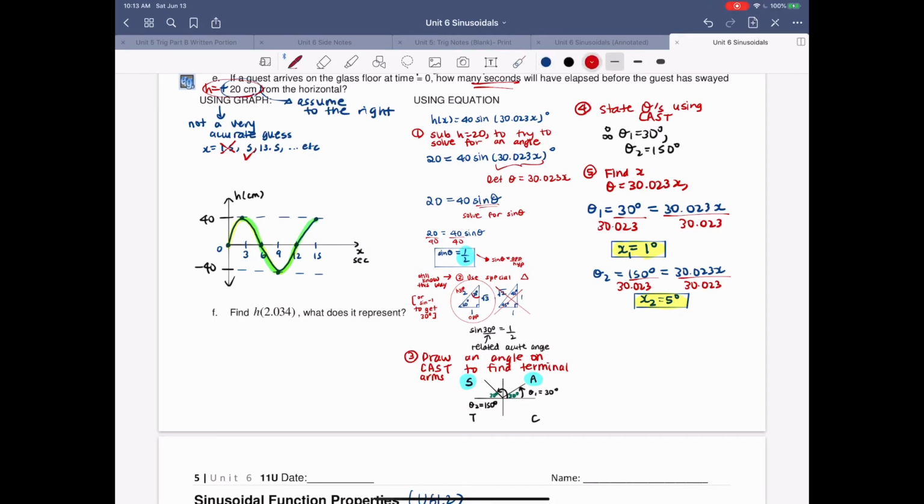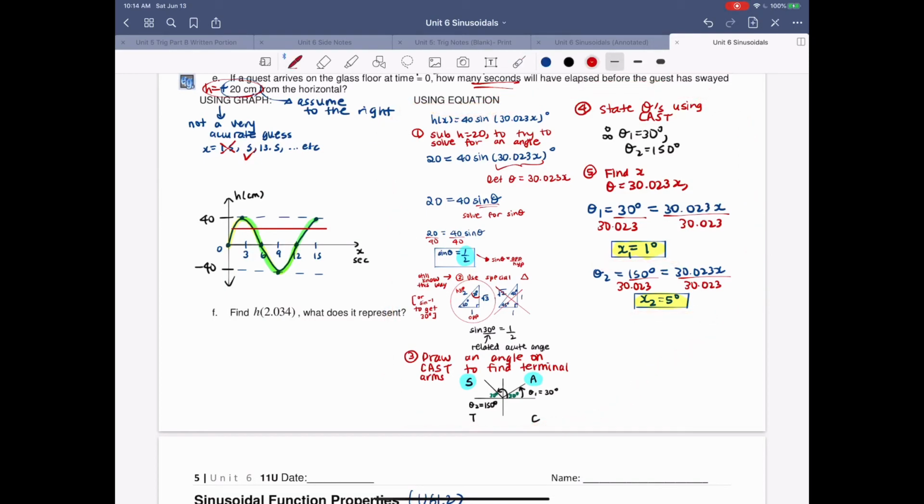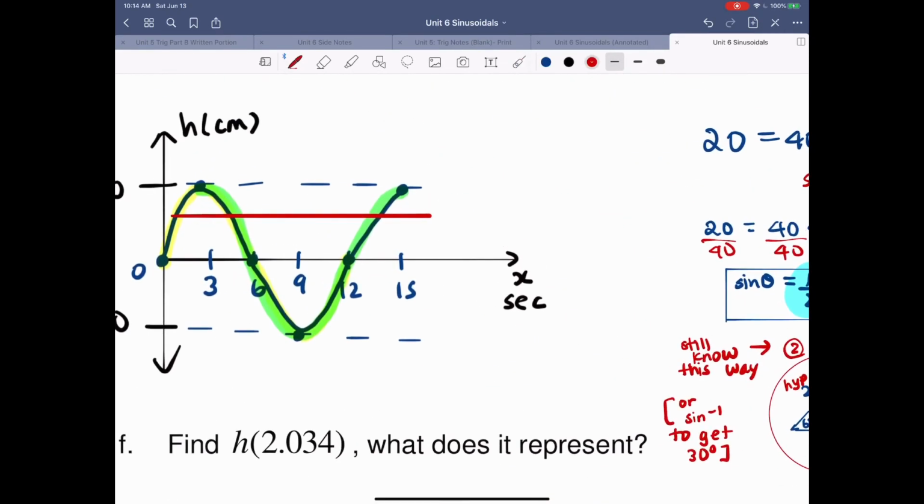I do want to go back to this drawing and draw my 20. Looking at the graph is also helpful, although the equation will do a really good job of giving you very exact or close to exact numbers. The graph is often really nice because it tells you how many I'm looking for.